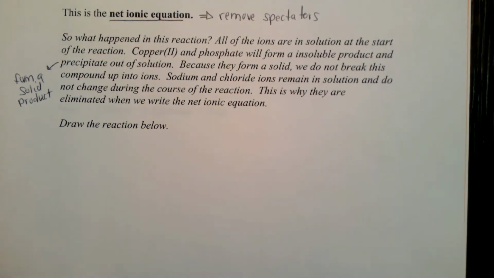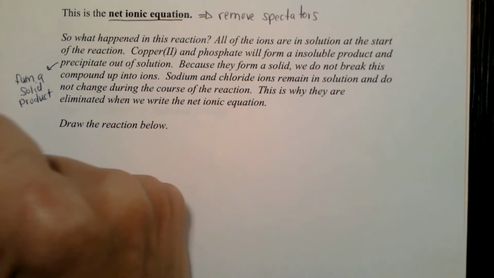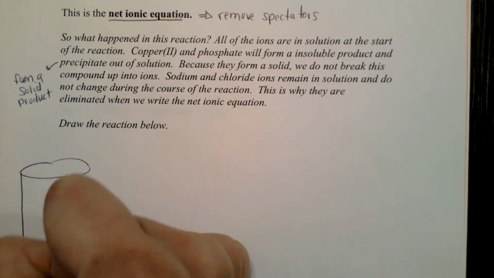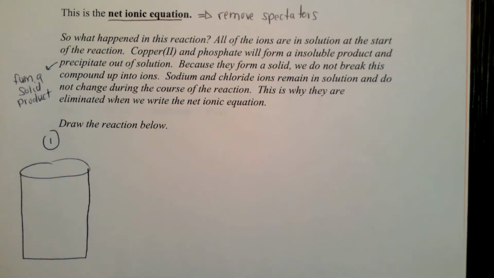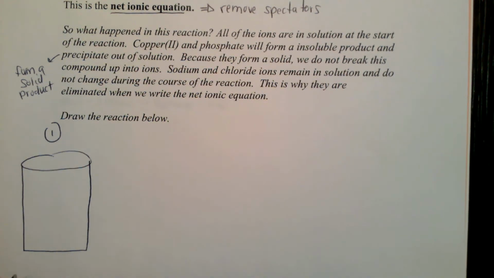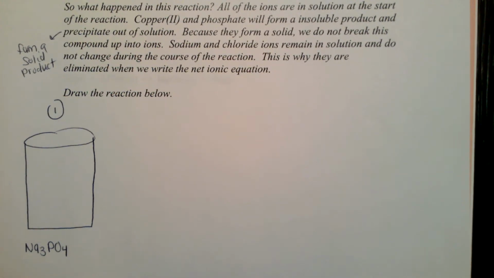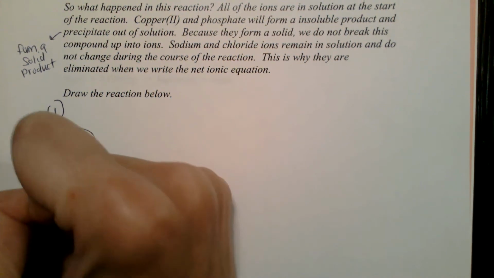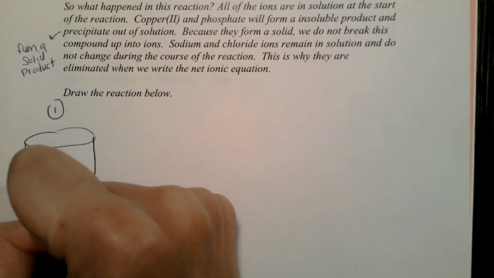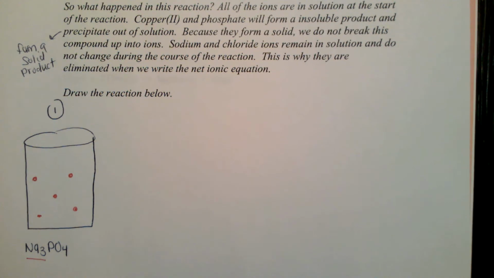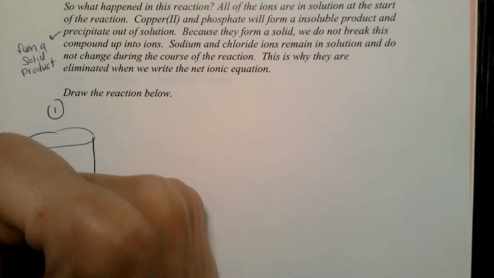Okay, so before the reaction, we had, say, 2 containers. In our first beaker, we have Na3PO4. So we'll make the sodium pink. We have sodium ions in solution, and we'll make the phosphates blue.